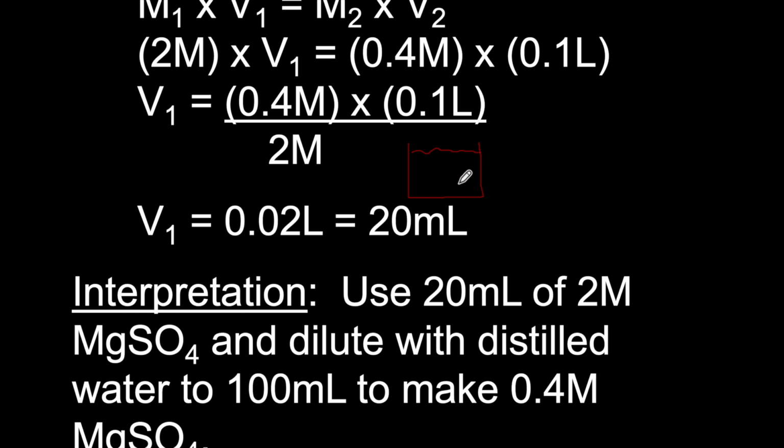And this is a 2 molar concentration. Now, what this means is I have to take out of here, I have to pour some into another container. Let's see, this is like a graduated cylinder. And I'm going to pour out of here 20 milliliters.